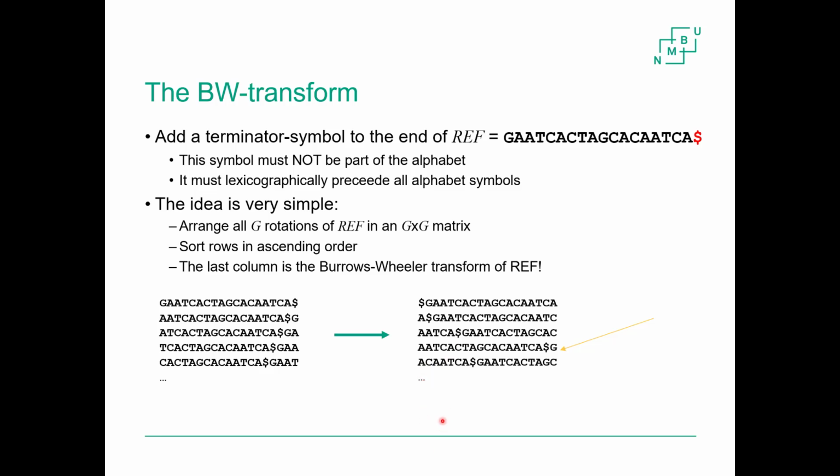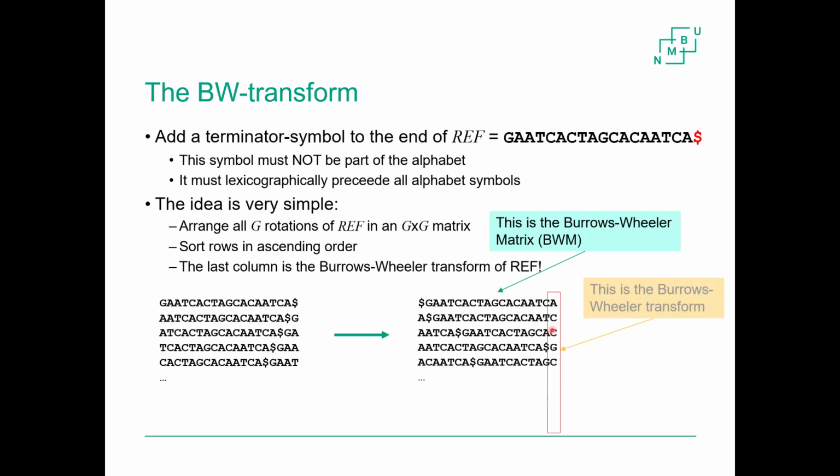and so on, right? And this is what we call the Burrows-Wheeler matrix, the whole matrix, you can say, with all the symbols. But the Burrows-Wheeler transform is actually this last column here. Only the last column. And remember now, since we have capital G letters in this reference, we will have capital G rows.